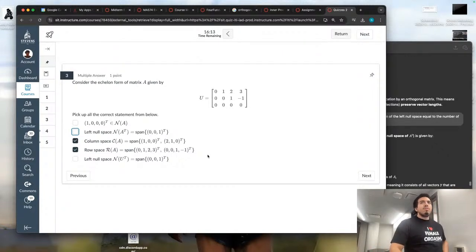Well, we can think about the set of vectors that this matrix brings to 0.